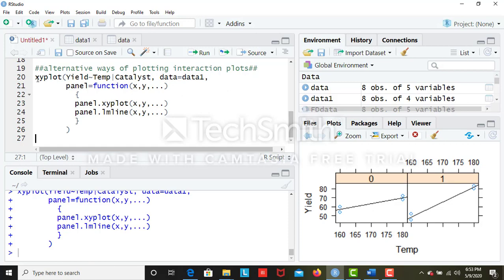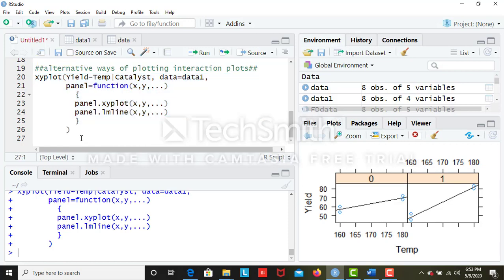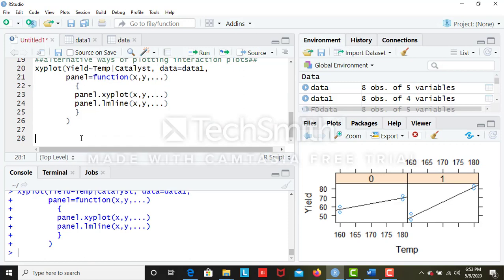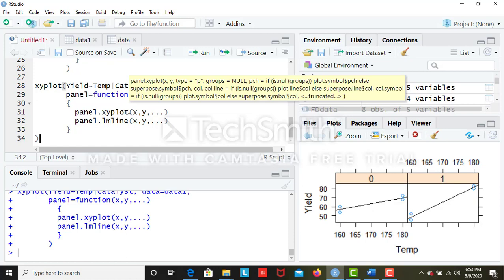So we're going to reproduce the same code here. Copy this, and then paste it down here, and now we're going to consider concentration and catalyst.